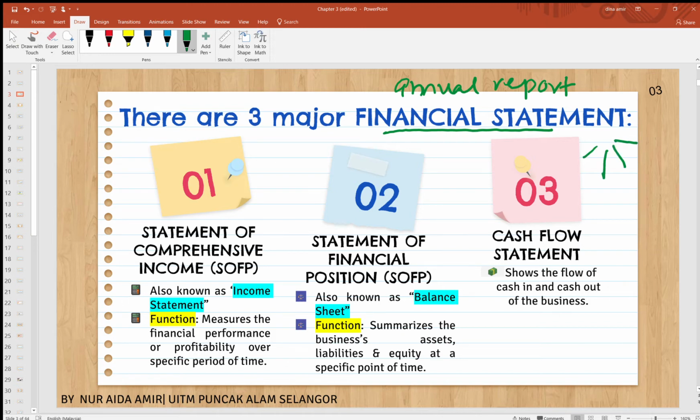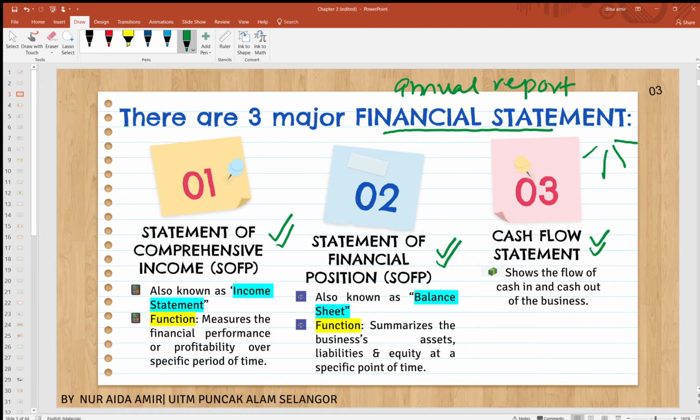As an accounting student, you will find a statement of comprehensive income, statement of financial position, statement of cash flow, and a lot more. But for you, I just want to show you what the statement of comprehensive income, the statement of financial position, and the cash flow statement are.